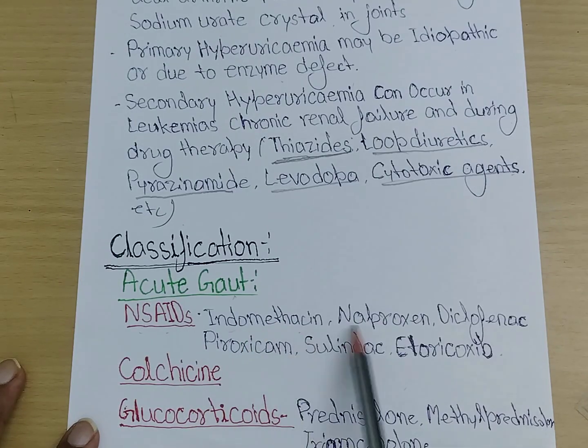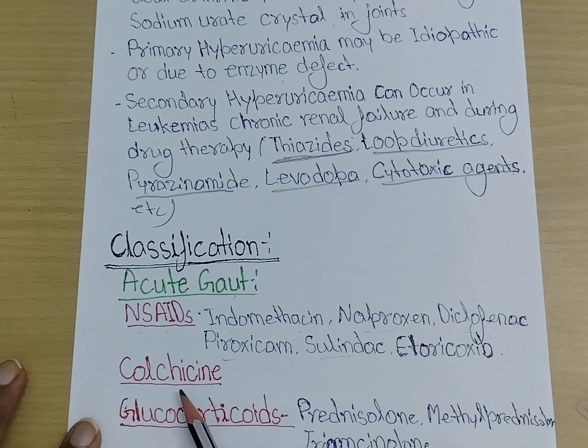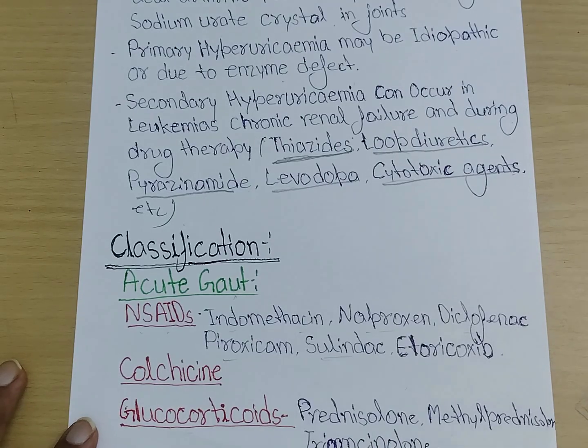Examples: indomethacin, naproxen, diclofenac, piroxicam, sulindac, and etoricoxib; colchicine; and glucocorticoids. Examples: prednisolone, methylprednisolone, triamcinolone.